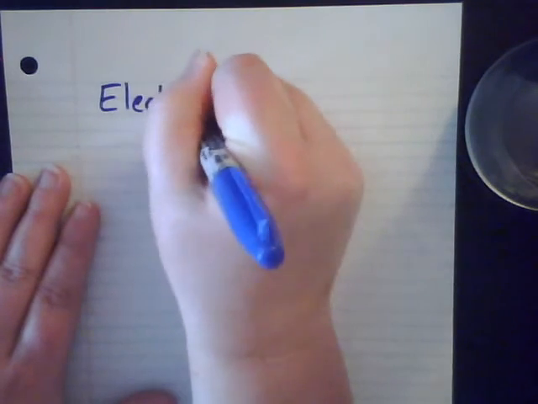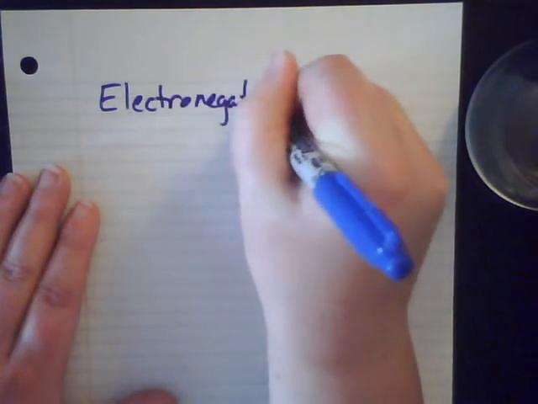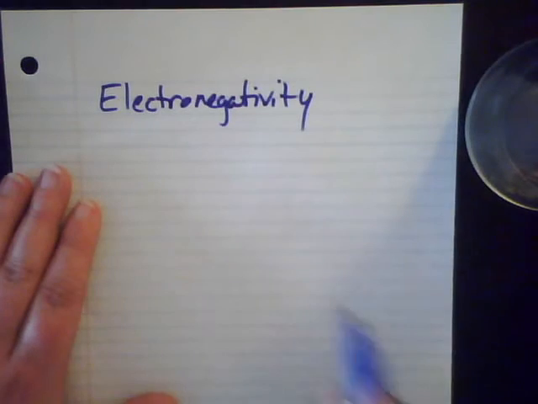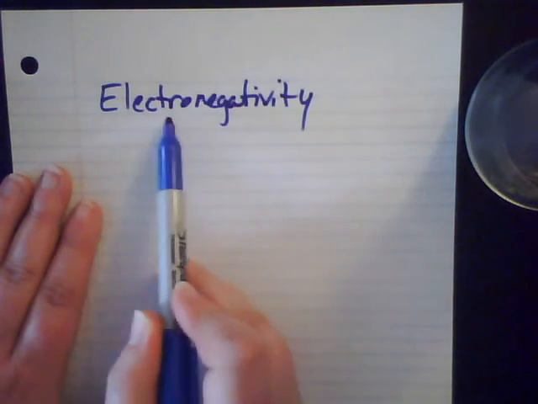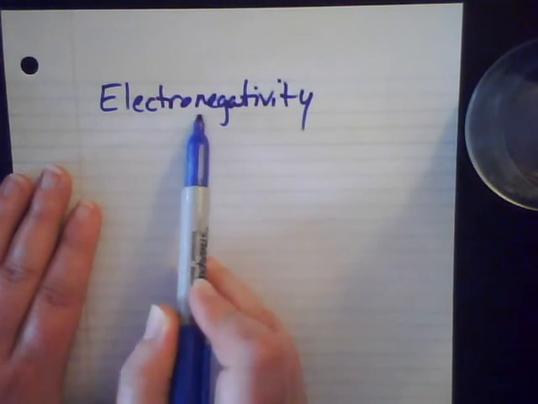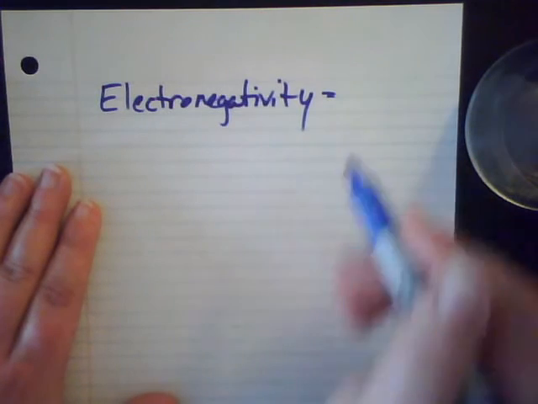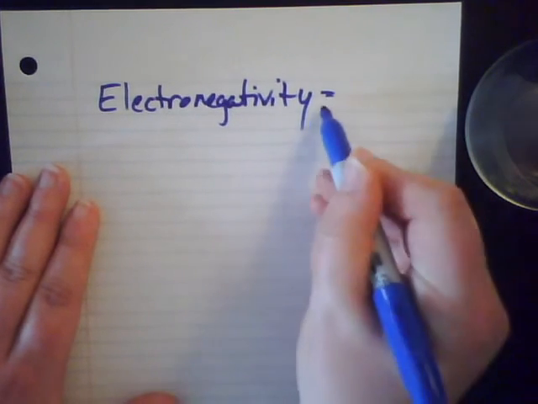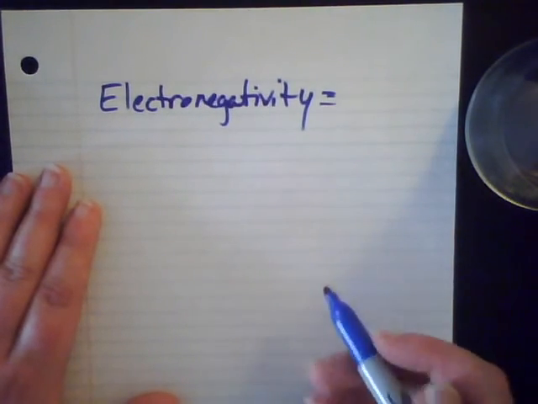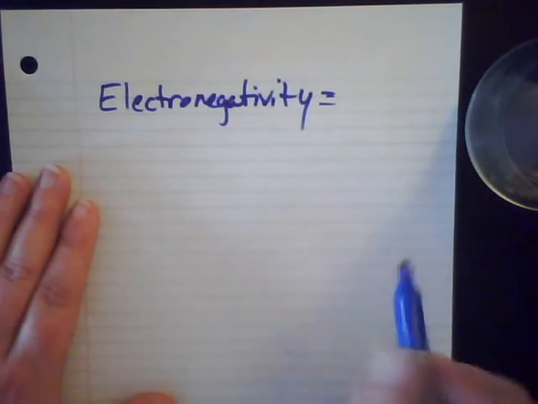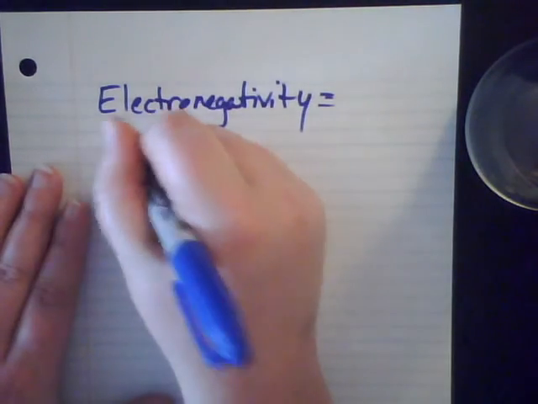So electronegativity. It's got electron right in the word, right? Electronegativity is a measure of how greedy, this is the way I like to define it, how greedy an element is for electrons.